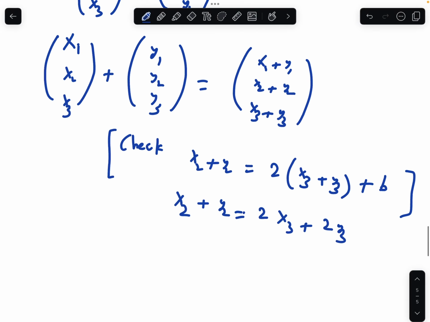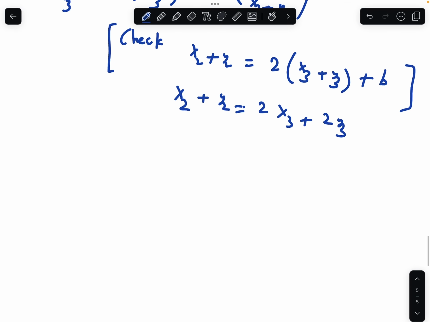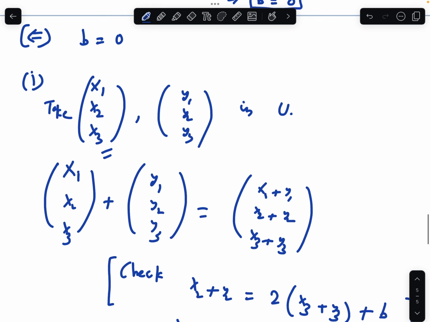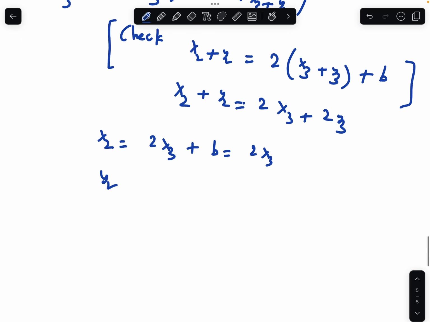Now, note that since this is inside U, we have x2 equal to 2x3 plus b, but b is 0. So we have this. Similarly, y1, y2, y3 is inside U. So we have y2 equal to 2y3.